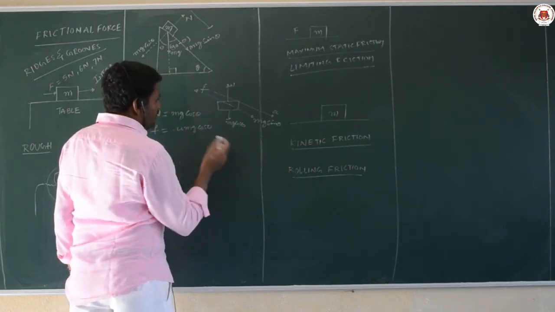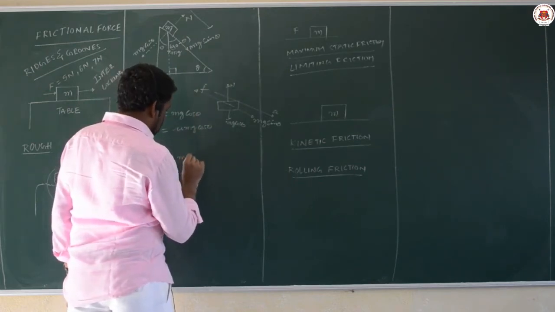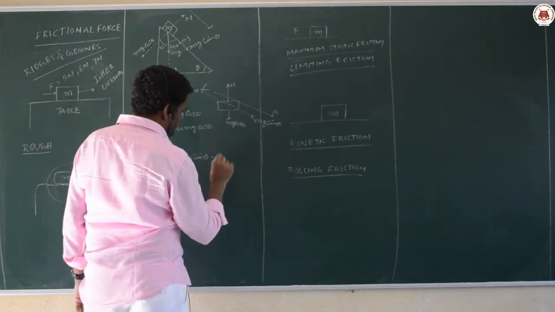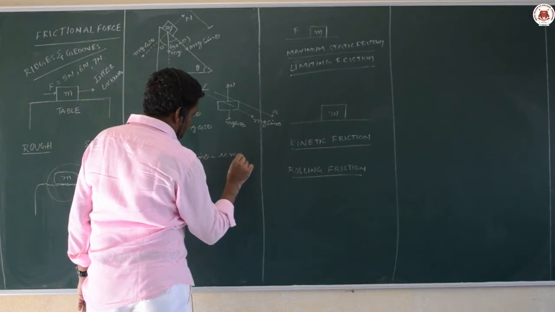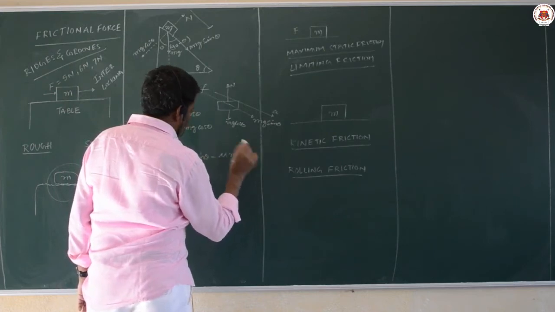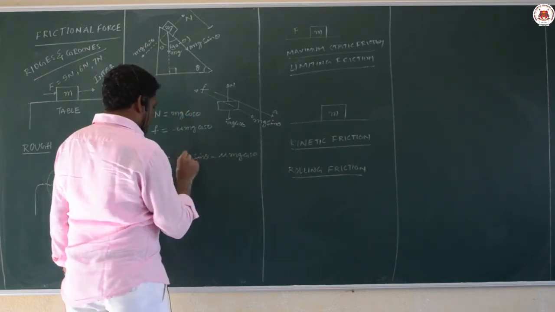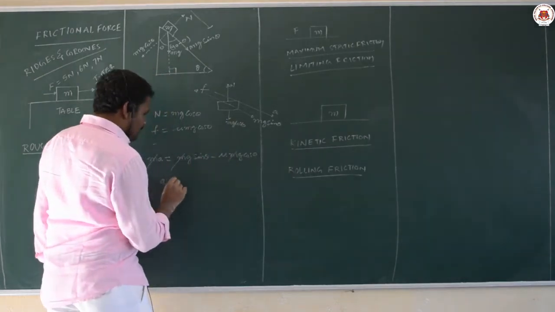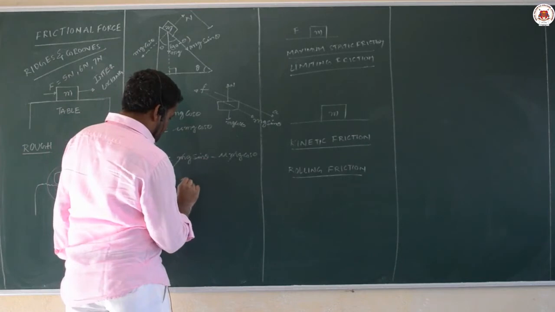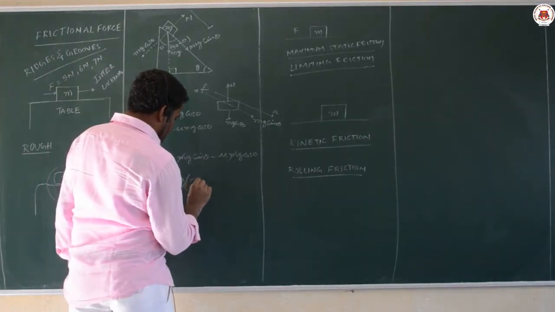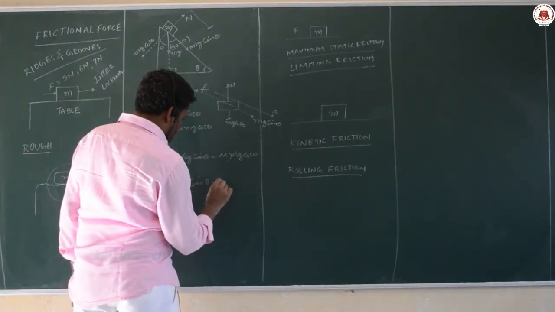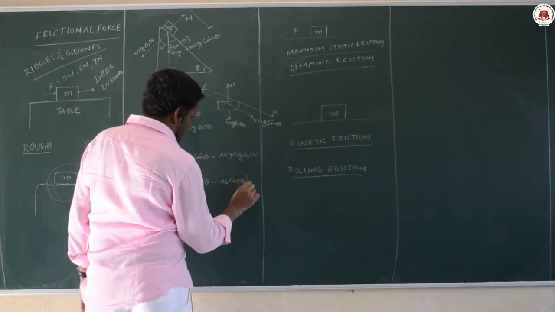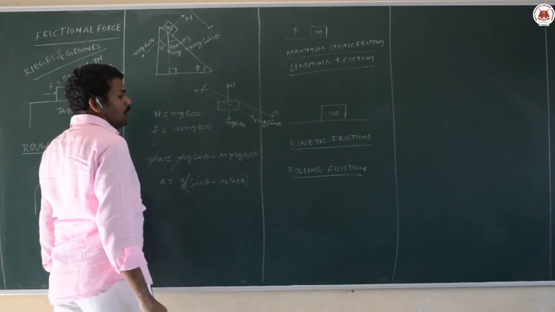So m a is equal to mg sin theta minus frictional force, that is mu mg cos theta. m you can take common and cancel. Then acceleration a is equal to g into sin theta minus mu cos theta. This is the acceleration of the body.